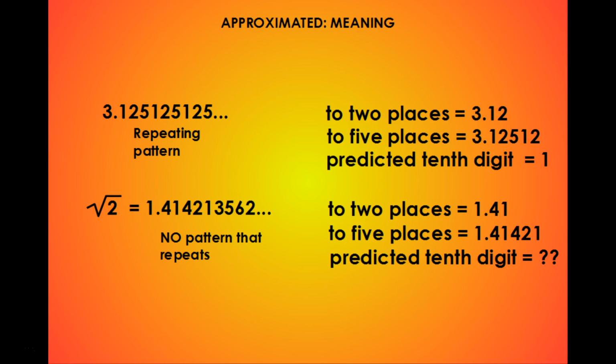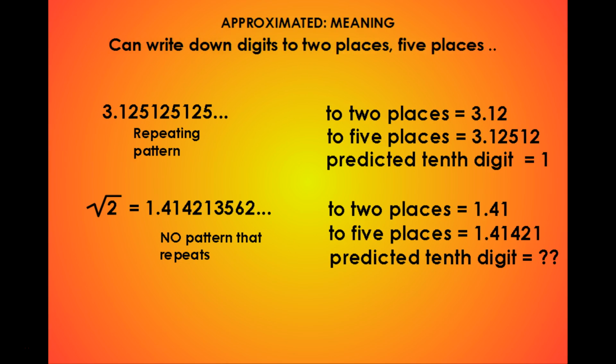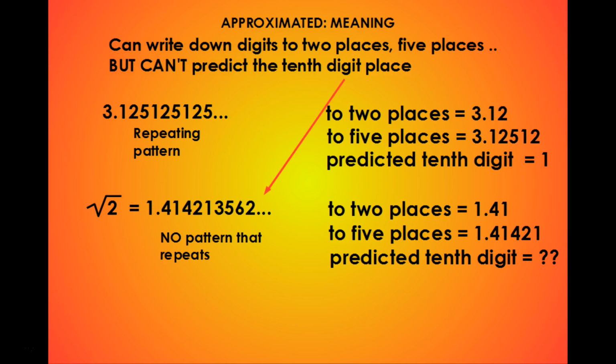And the answer is no, because the pattern doesn't repeat. We have no idea what the digit will be, and we would have to calculate it. So we can summarize this and say that, again, we can write down to 2 places, 5 places, but can't predict the 10th digit place.